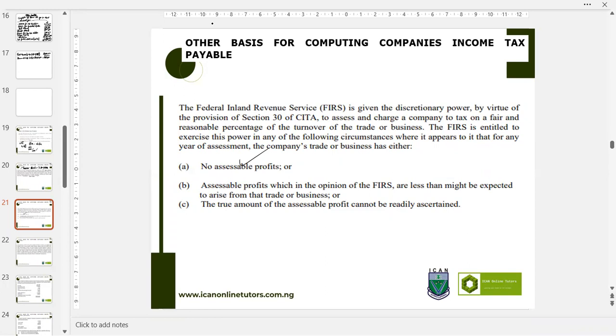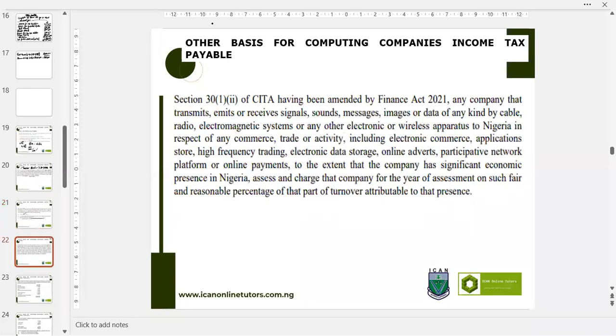And thirdly, the true amount of the assessable profits cannot be readily ascertained. Are we together?